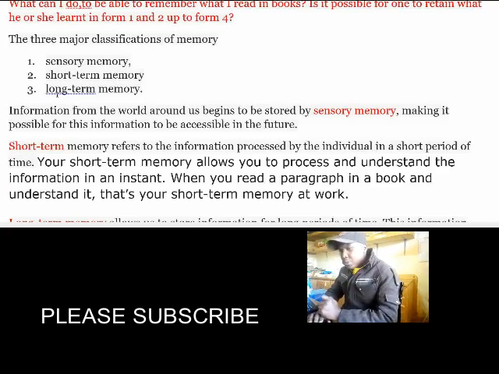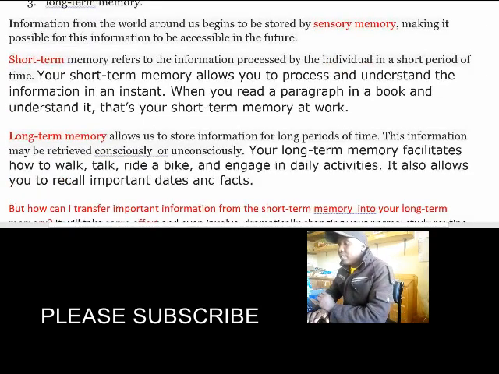Information from the world around us begins to be stored by sensory memory, making it possible for this information to be accessible in the future. Short-term memory refers to the information processed by the individual in a short period of time. It allows you to process and understand information in an instant.